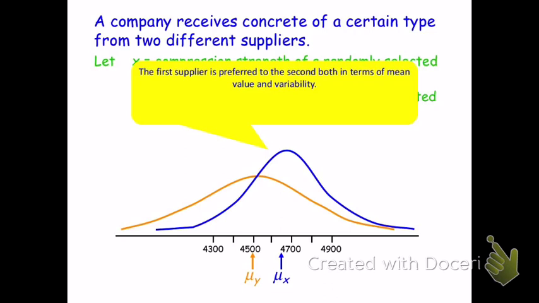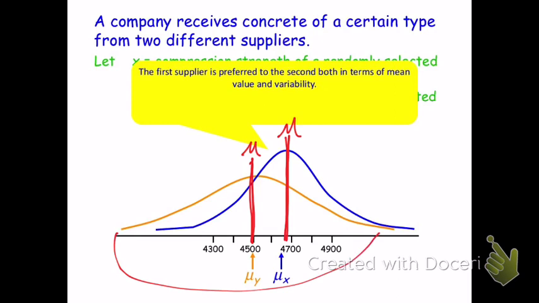If my mean is smaller, it's shifted to the left. So the mean for x is going to be somewhere here, and the mean of y is here. But also, my standard deviation is correlated with the range. If it's more spread out, it's going to have a larger standard deviation. If it's more compact, it's going to have a smaller standard deviation.